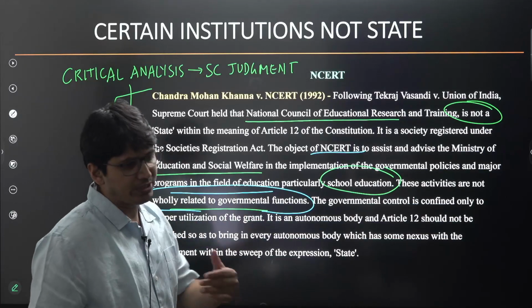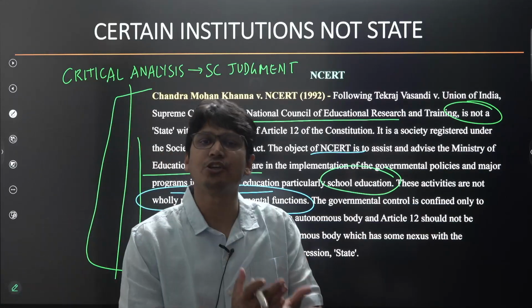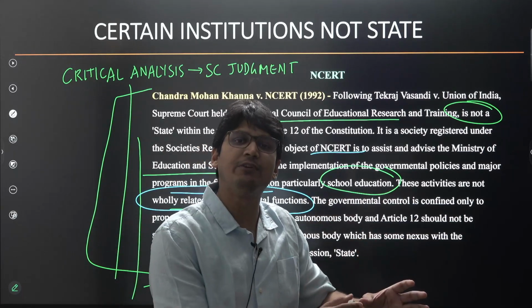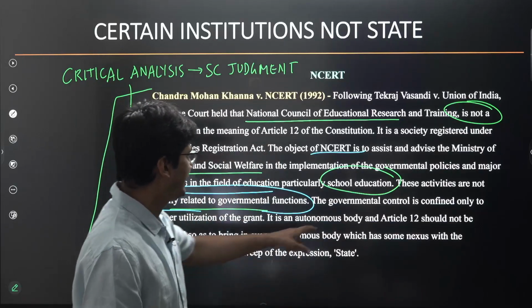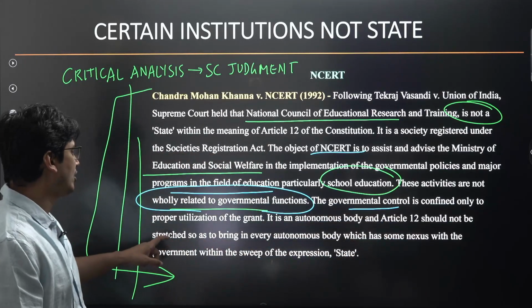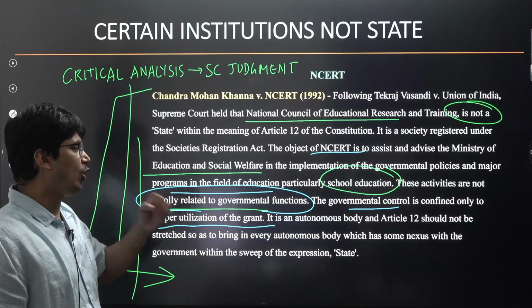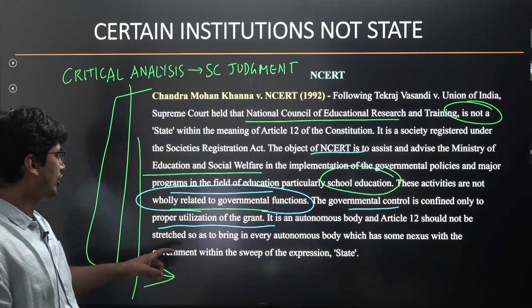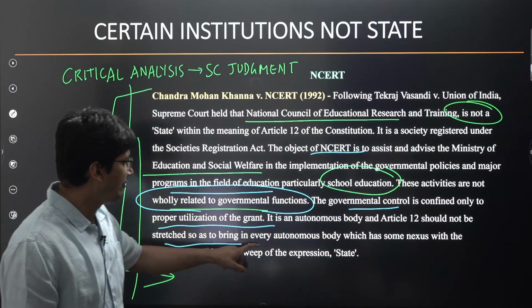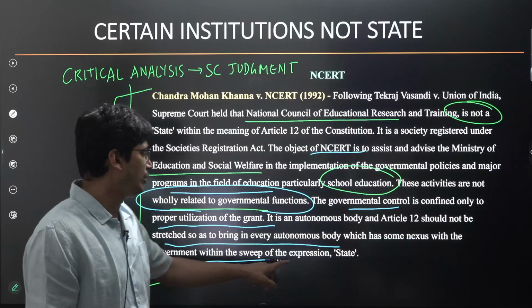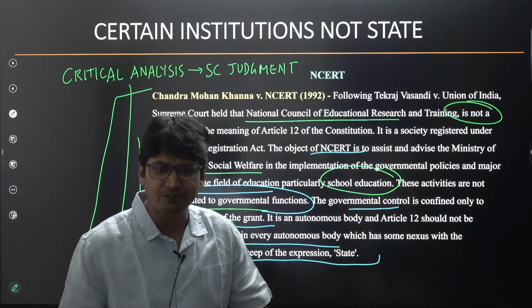So the court highlighted that the function of NCERT is an autonomous function, not associated with governmental function. Second, governmental control is confined only to proper utilization of the grant, and in that regard it's an autonomous body, and Article 12 should not be stretched so as to bring every autonomous body which has some nexus with the government within the sweep of the expression state. So far this is the judgment.